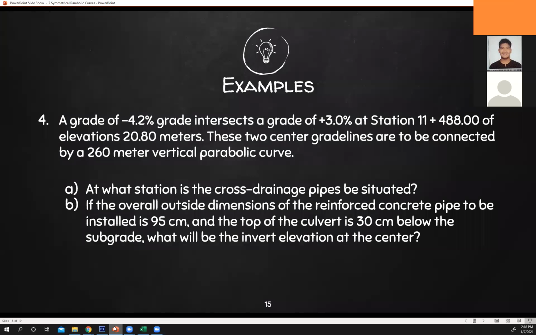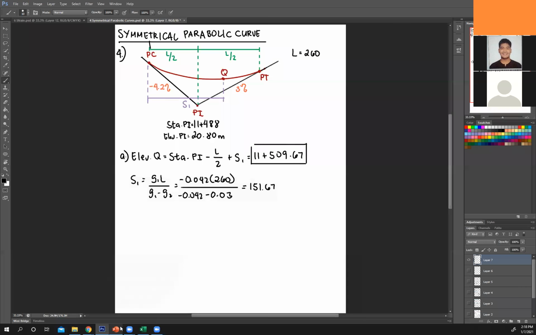Next, letter B. If the overall outside dimensions of the reinforced concrete pipe to be installed is 95, and the top of the culvert is 30 below, what is the invert elevation? Just draw that first. So there is a pipe over here. It's located somewhere here.